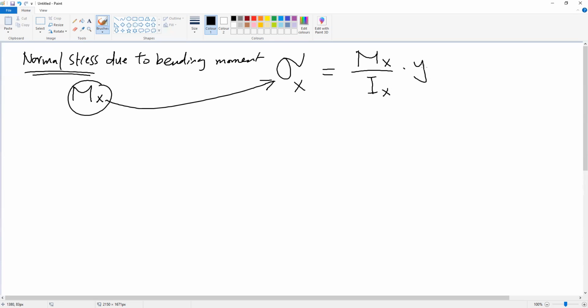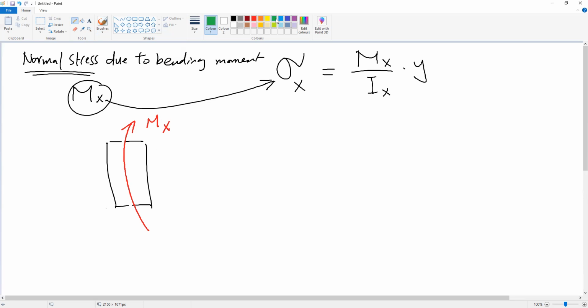Okay, so generally, if we have a cross section like this, and we have a moment applied on this cross section, Mx.